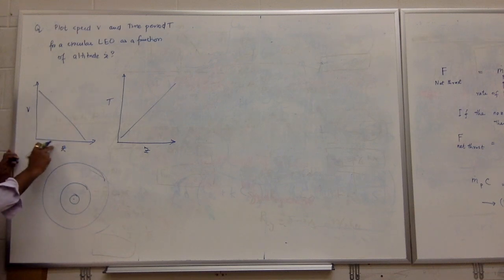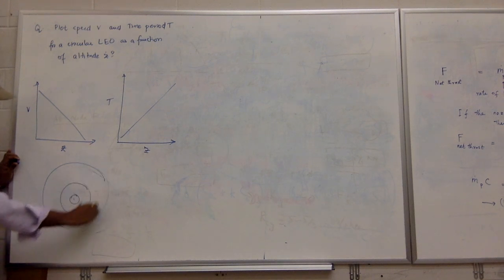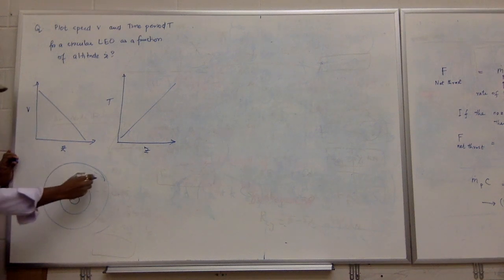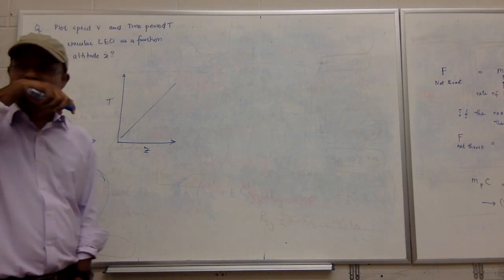So that's what this plot says. Here the speed will be lesser. They use the equations for the time period and the velocity, and then they come up with the graph.